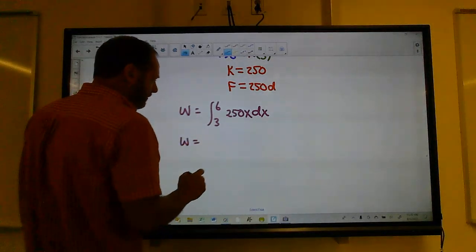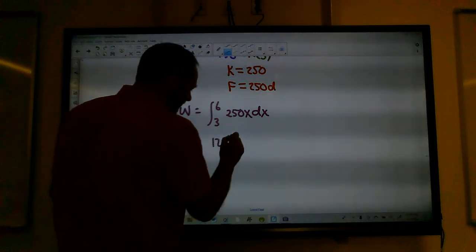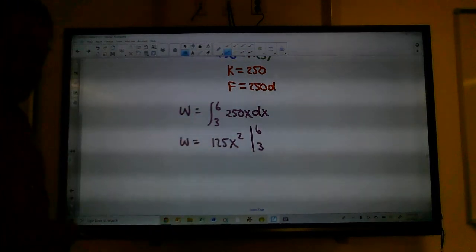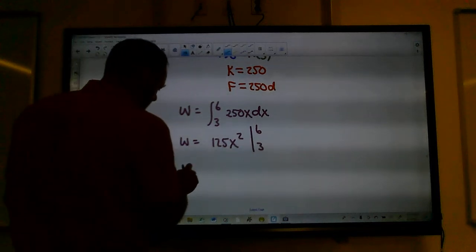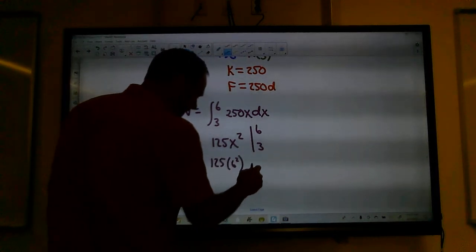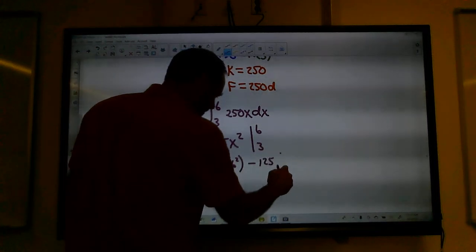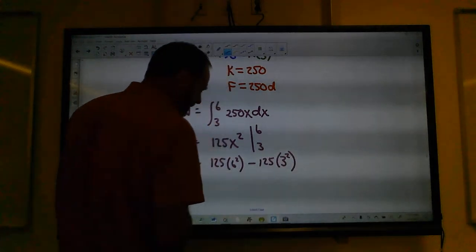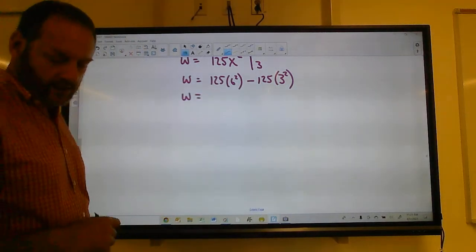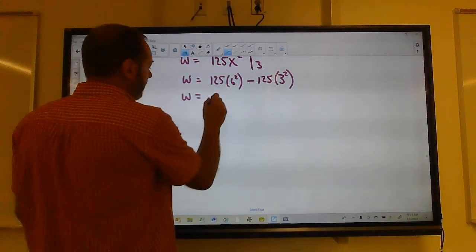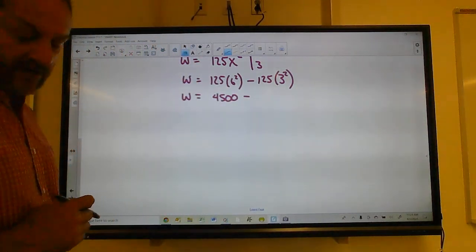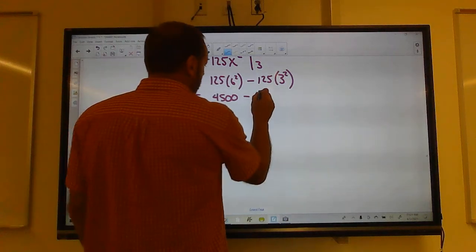So W is going to be 125x squared evaluated from 3 to 6. Okay, and then we're just going to plug in our 6 there and plug in our 3 there. And 125 times 36 is 4,500. And 125 times 9 is 1,125.